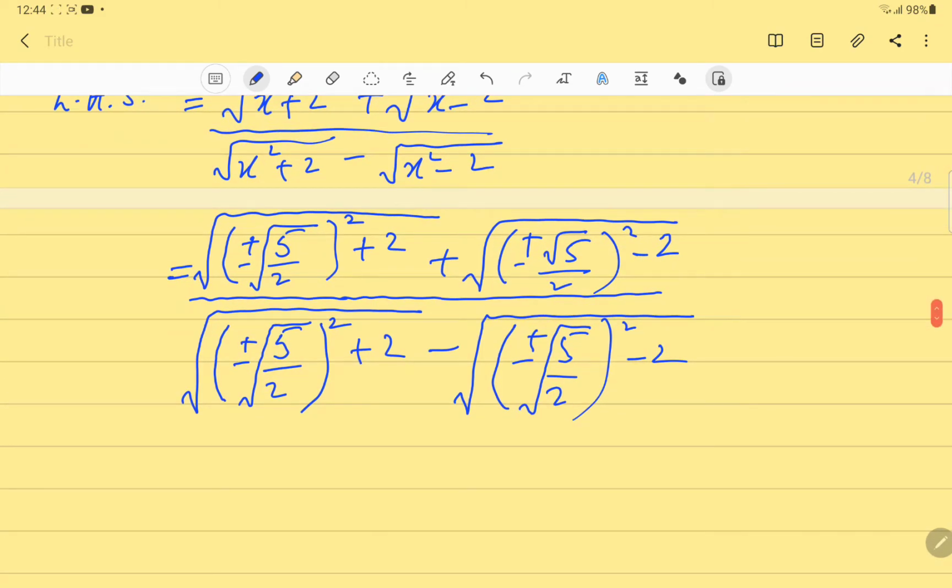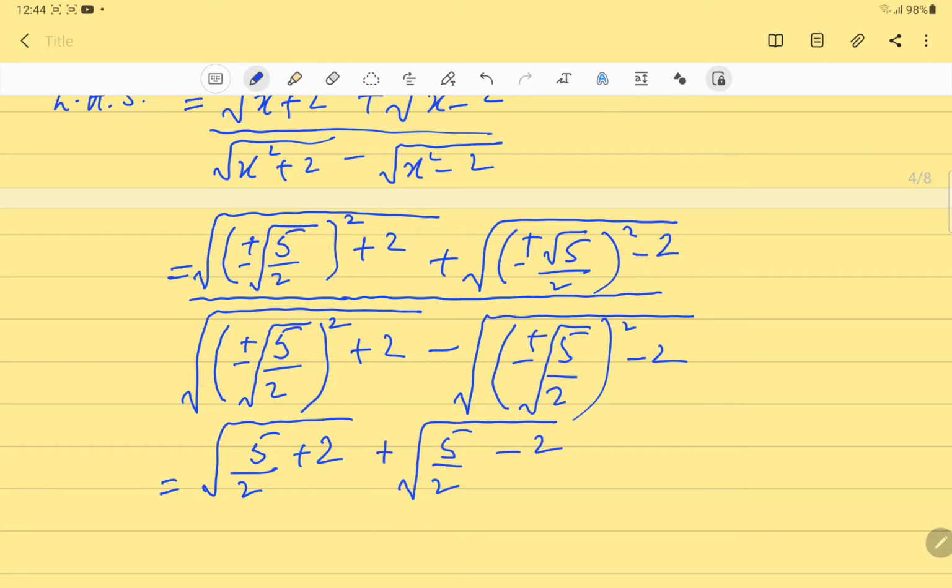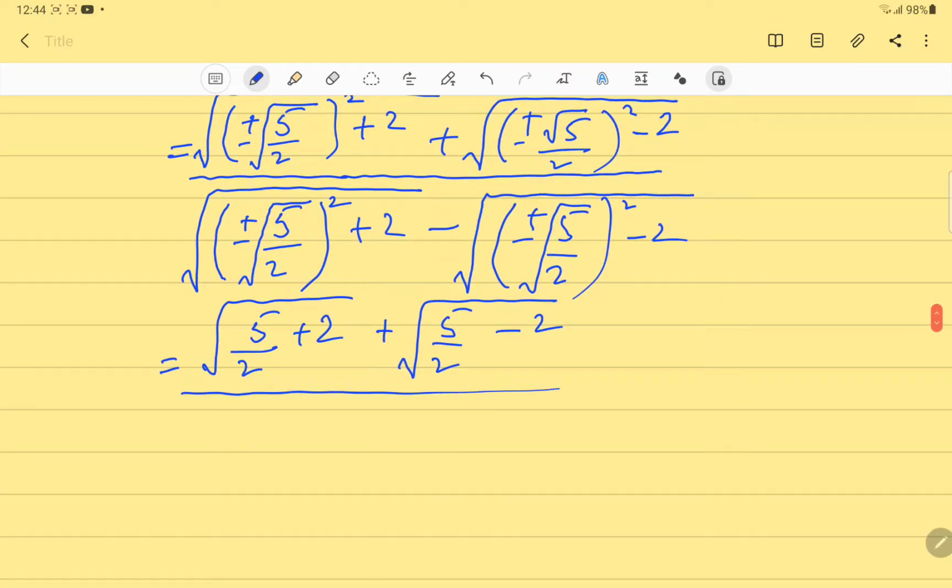Now let us solve this. Here we are getting 5 over 2, because the square root will cancel with the square, and the square of plus and minus both is plus. So 5 over 2 plus 2, plus 5 over 2 minus 2, over 5 over 2 plus 2, minus 5 over 2 minus 2.